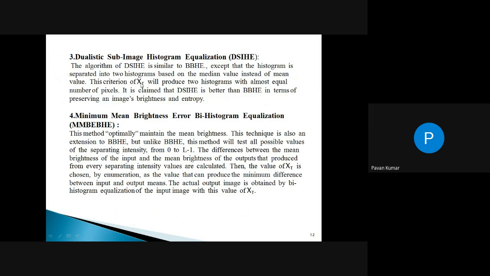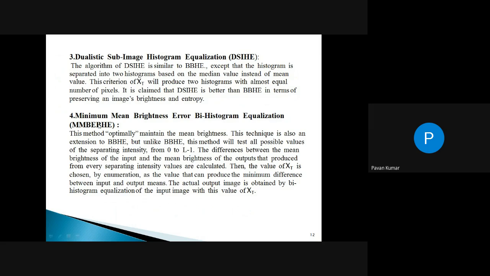The remaining things are the same: based on that xt you divide the histogram into two parts, apply histogram equalization separately to the two parts, and finally combine them. That is the same there, mean; here, median.